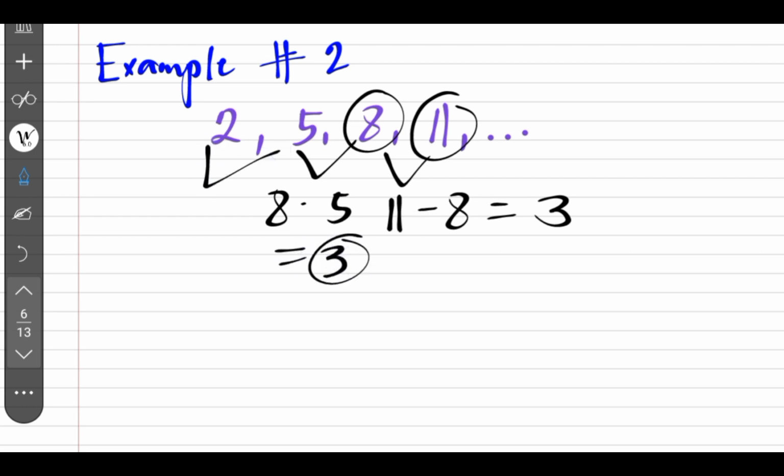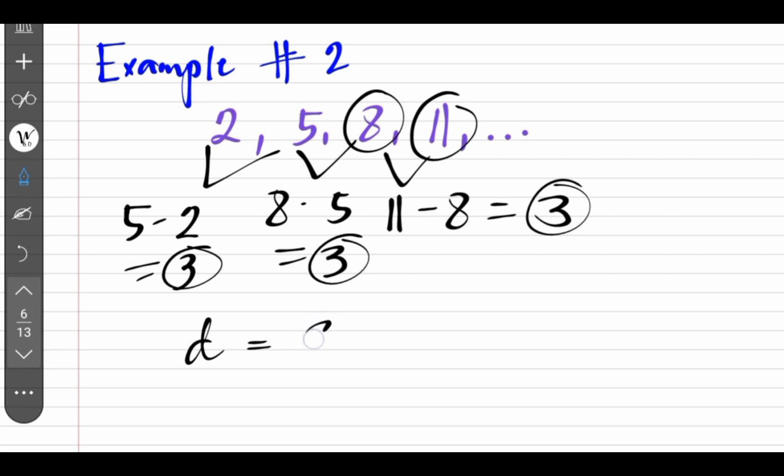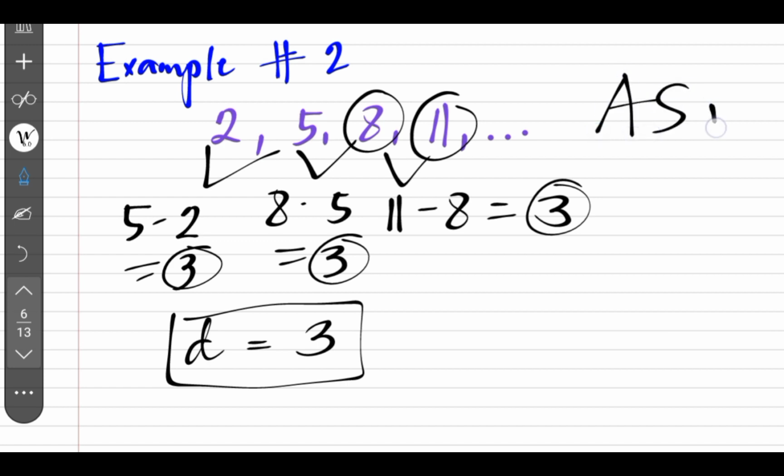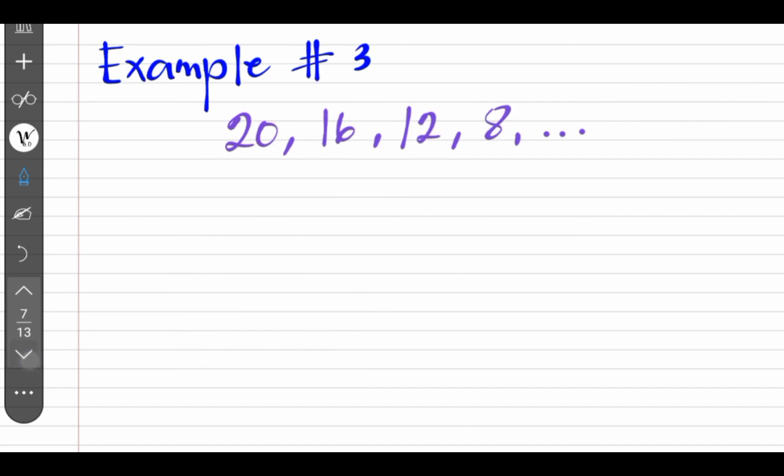And 5 minus 2 is also equal to 3. Since all the differences of the consecutive terms are equal to 3, we can conclude that the common difference is 3. And since this sequence has a common difference, which is 3, we can say that this is an arithmetic sequence.